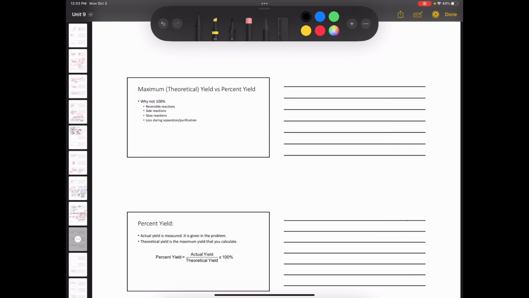Now many reasons can contribute to a low actual yield in the lab. That could be reversible reactions happening in the reaction pot. It could also be side reactions. Remember, when all these substances are added together, there is also catalyst and other molecules added, so these can contribute to a side reaction or a slow reaction.